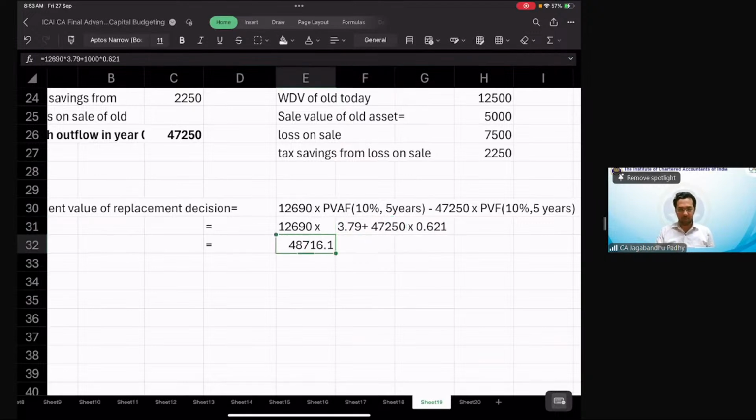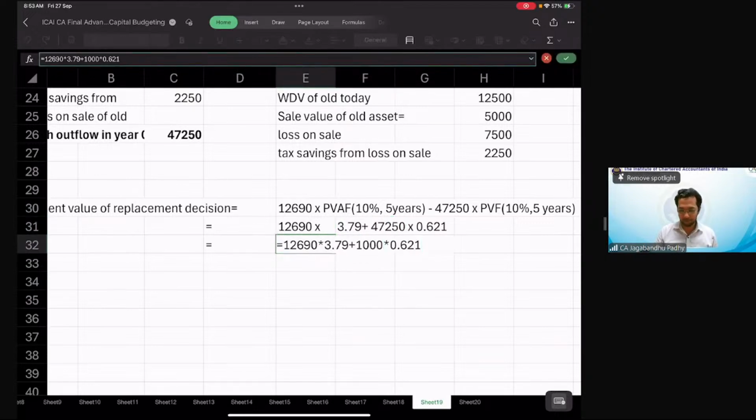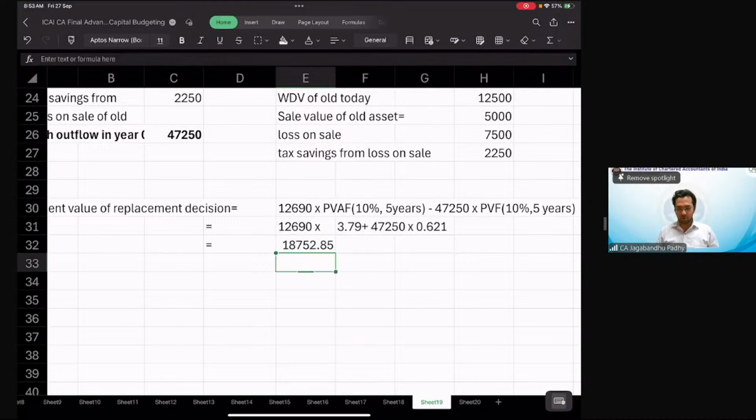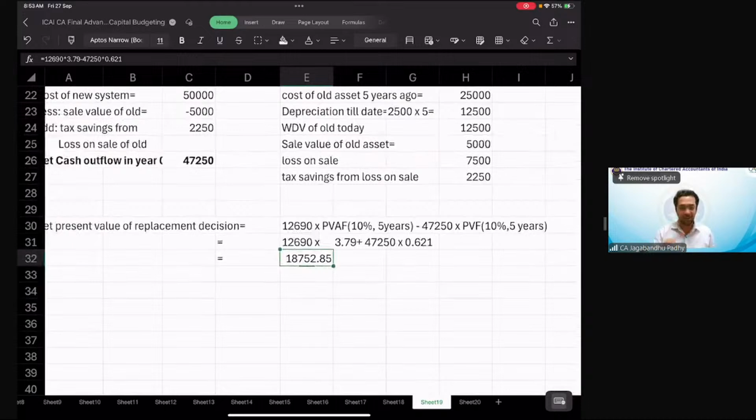One thing is left out, because there is a salvage, right?